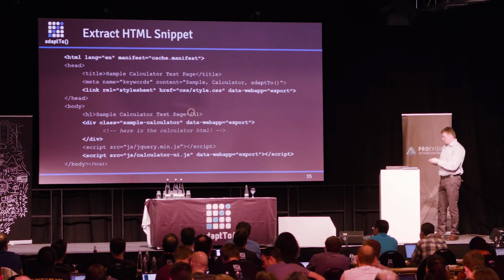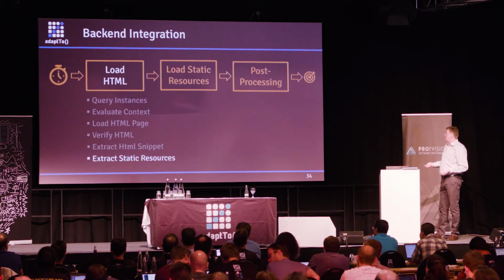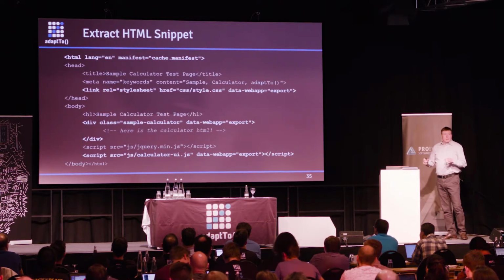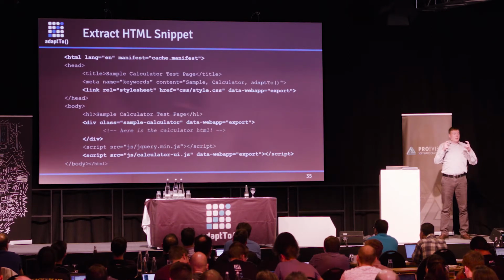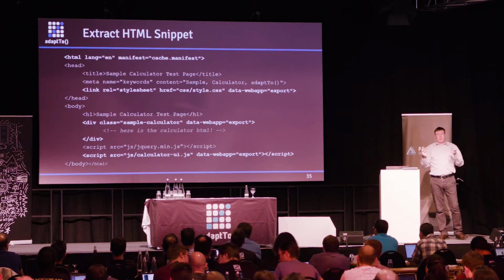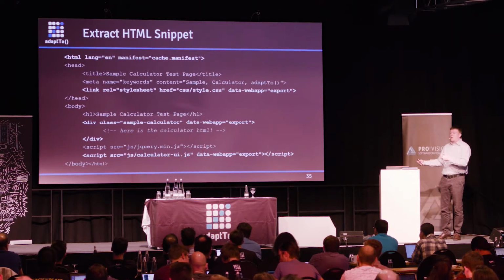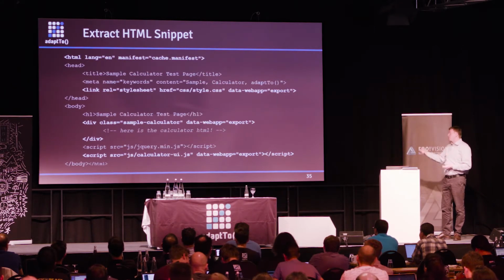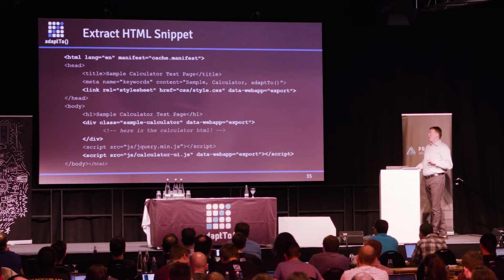And this is just a single select statement with JSoup. So just as with jQuery, you get this and you say, give me outer HTML, and you have the HTML snippet. That's fine. And then you can integrate this on your page.